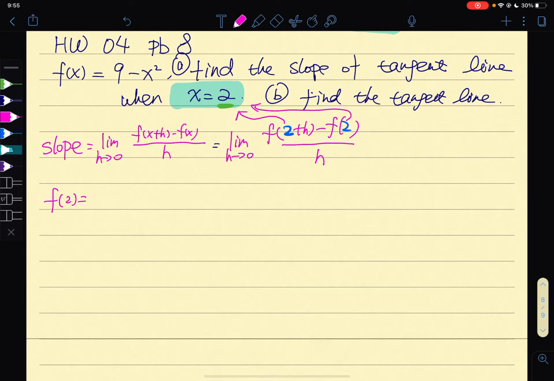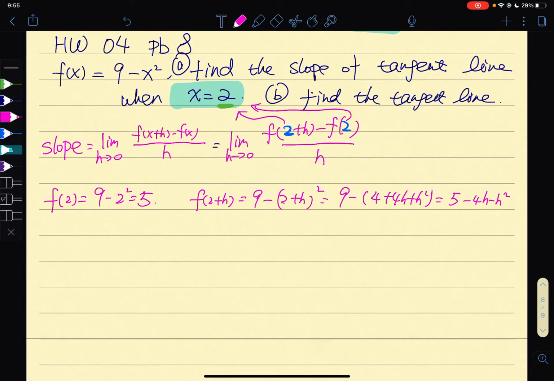f of 2 is quite easy to find, which is 5. f of 2 plus h is 9 minus (2 plus h) squared, which is 9 minus (4 plus 4h plus h squared), which is 5 minus 4h minus h squared. So my numerator is supposed to be, as h approaches 0, 5 minus 4h minus h squared, and then minus my 5, divided by h.